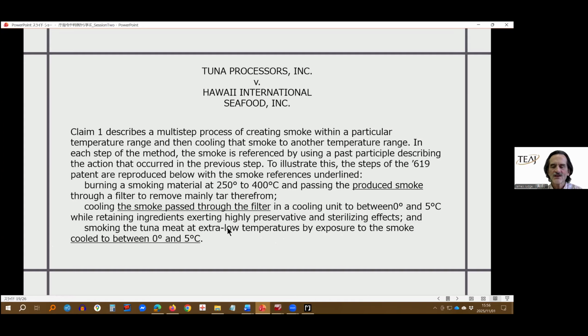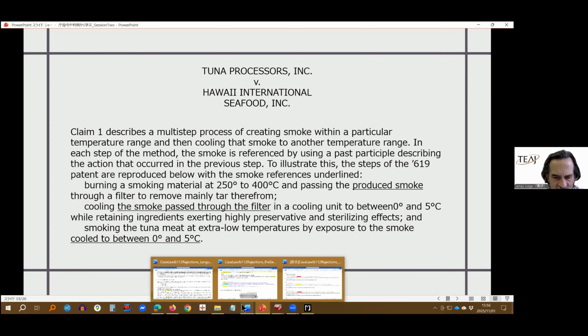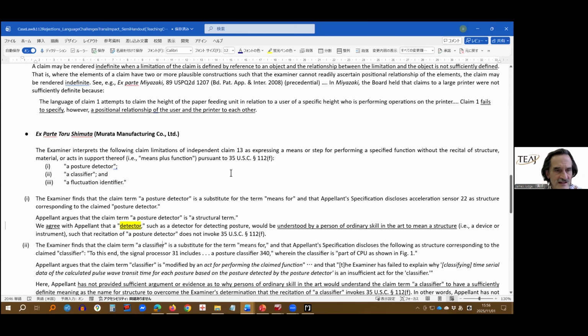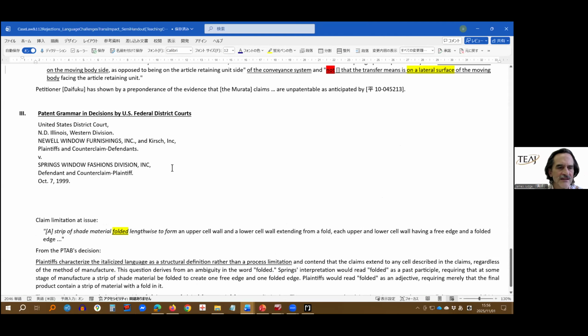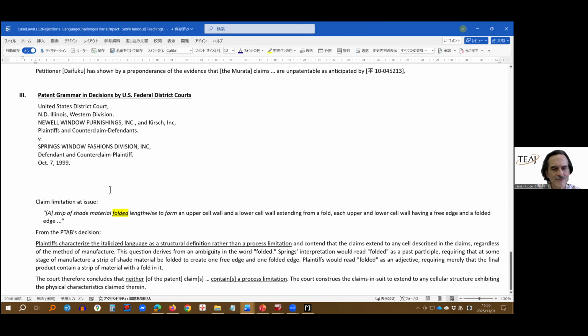So the issue here is about participial adjectives, and I will conclude with one other very brief look at a case decision about that. I will just very briefly refer to the handout. I put a statement from this case that has nothing to do with a Japanese applicant or petitioner or defendant.